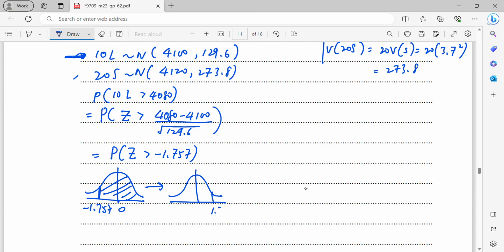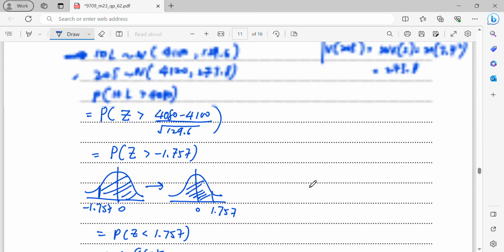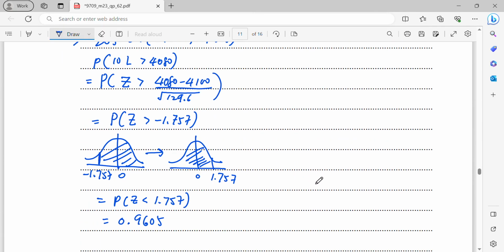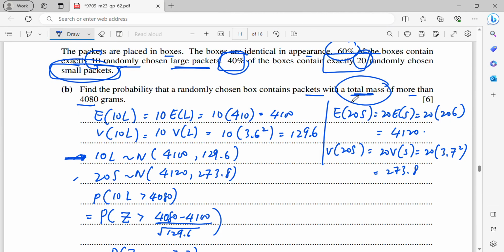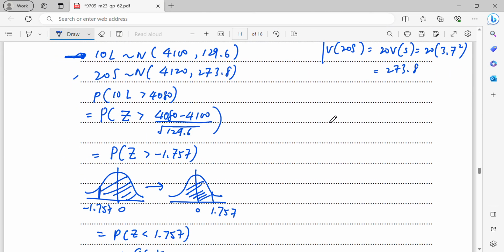So it's going to be 1.757, and then the region is towards the left hand side. This region is available in the normal table. Then I will just read this probability from the table, and you will get 0.9605.